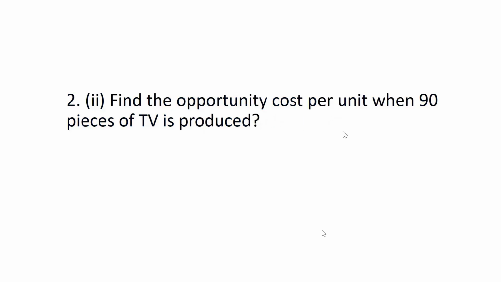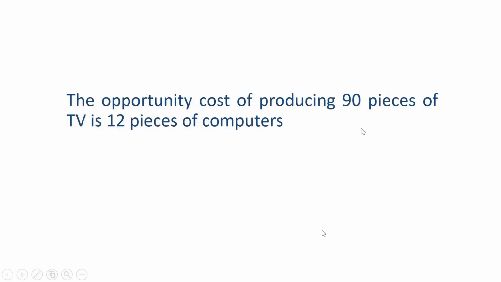B. Find the opportunity cost per unit when 90 pieces of TV is produced. We are going to distribute the opportunity cost for the units that have been produced. So let's take notice that when we produce 90 pieces of TV, the opportunity cost is 12 pieces of computers.